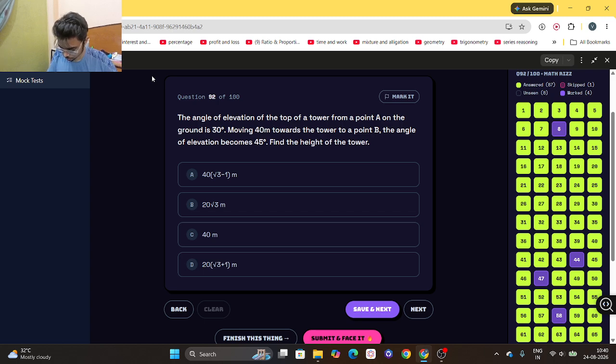So x is equal to 40 upon root 3 minus 1. 40 into root 3 plus 1 upon 3 minus 1, which is 20 into root 3 plus 1.